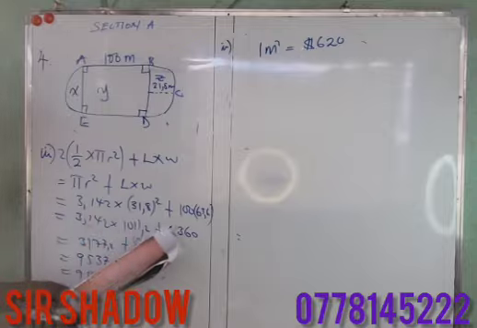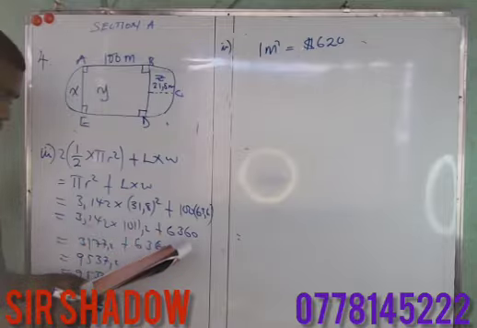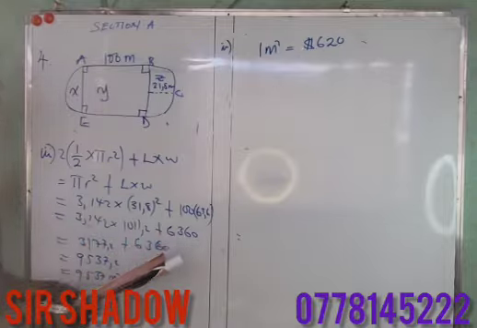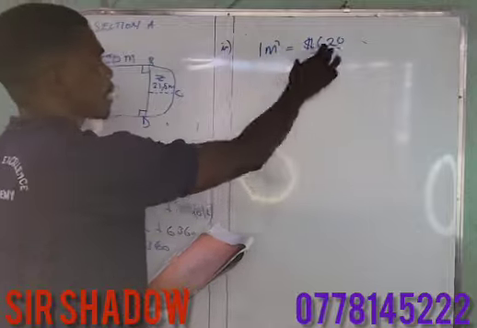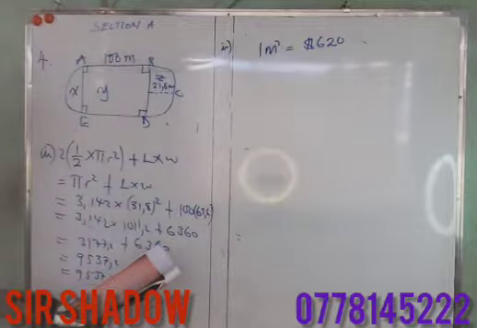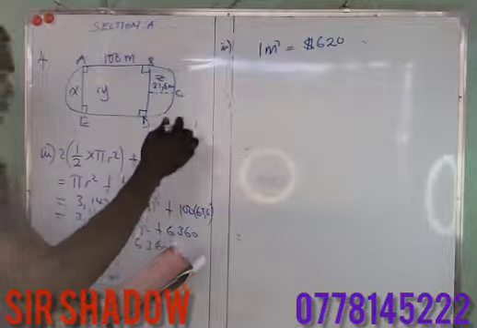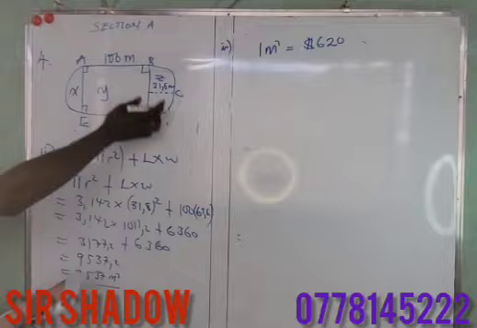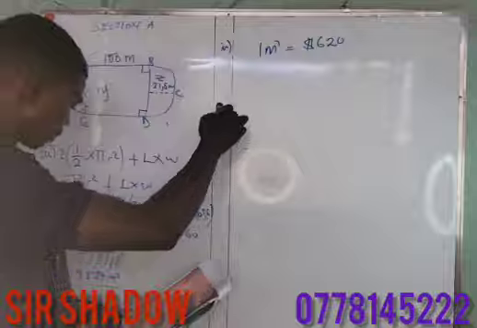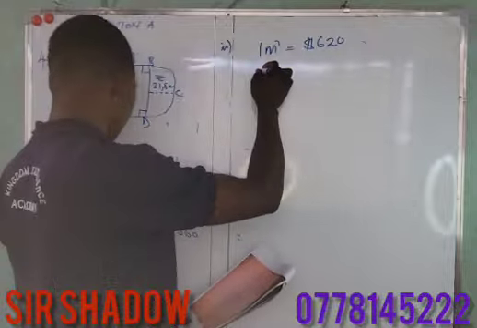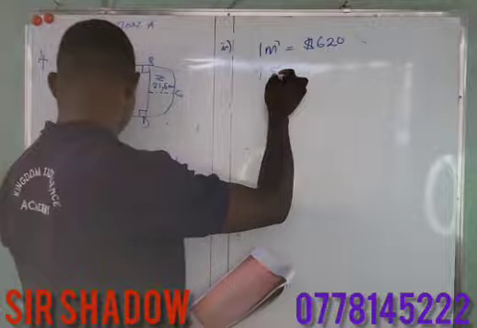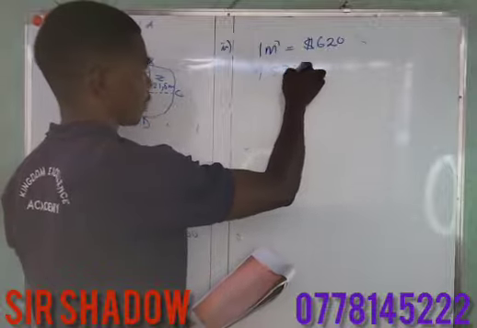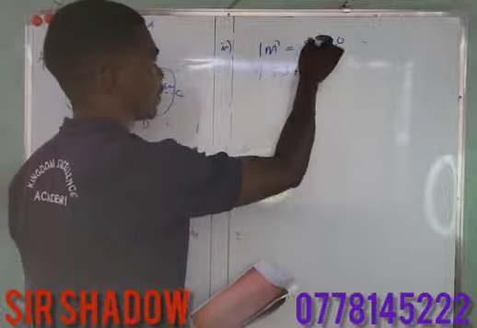We want to calculate the cost of covering this. Now we have 1 square meter is equal to 620. Then what about the area we obtained after calculating the area of the whole field, 9,537 square meters? What about the price?